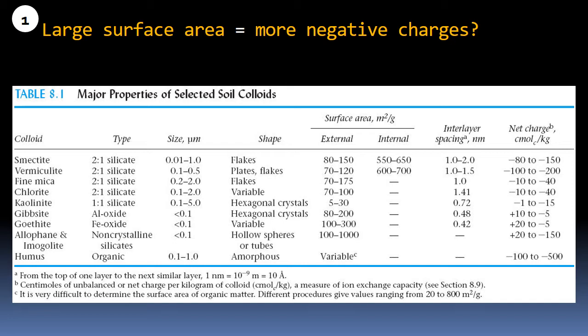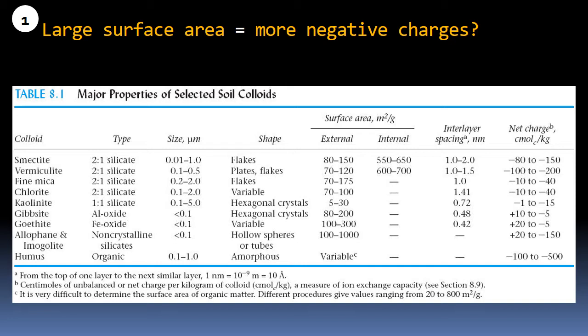To answer this question, let's look at the table here. This table shows you different types of colloids, whether it's smectite, vermiculite, and so on. It shows you also the type of colloid, whether it's a 2-to-1 or 1-to-1 silicate or other types of colloids like aluminum and iron oxide or organic.